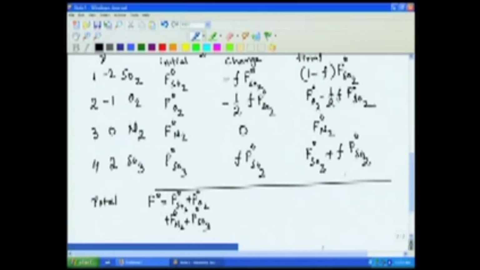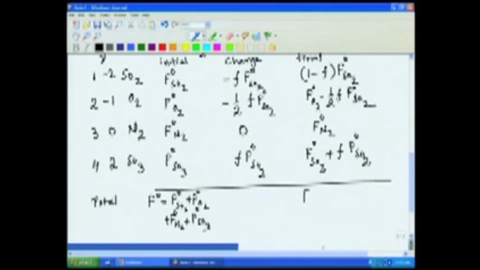and if I do the same thing over here, I am just going to add up. So, minus 1 plus half, and you know what needs to be done.